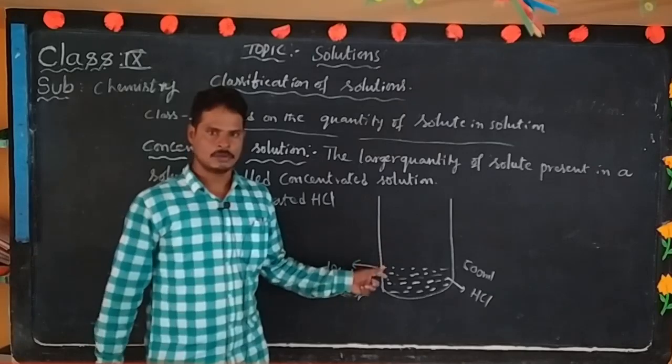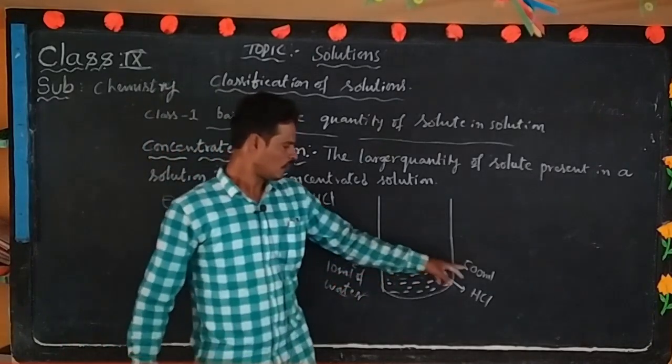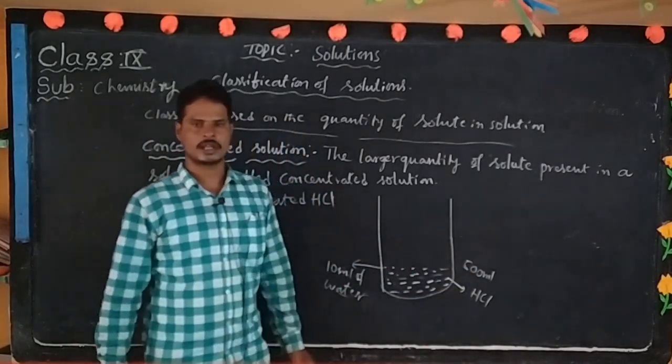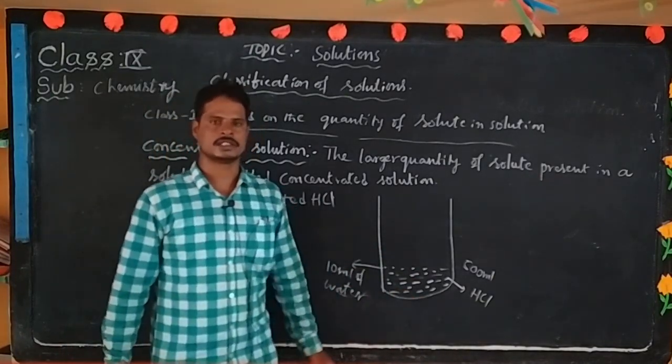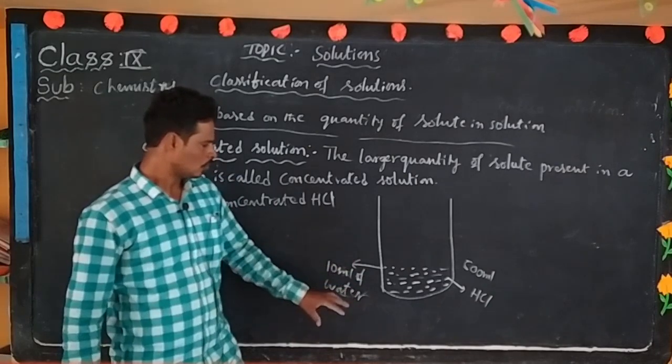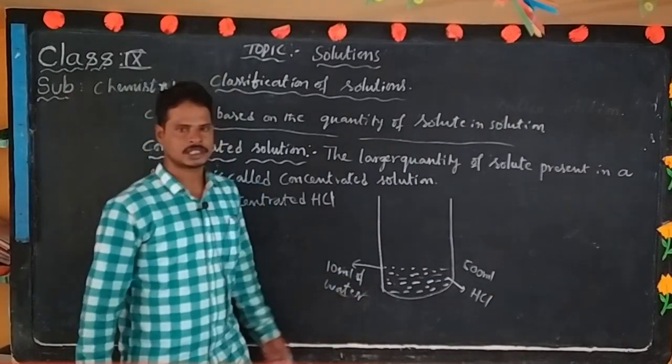Let me take a small beaker, then add 500 ml of hydrochloric acid, then add 10 ml of water to the hydrochloric acid. When we observe these two, which is the larger quantity and which is the lesser quantity?